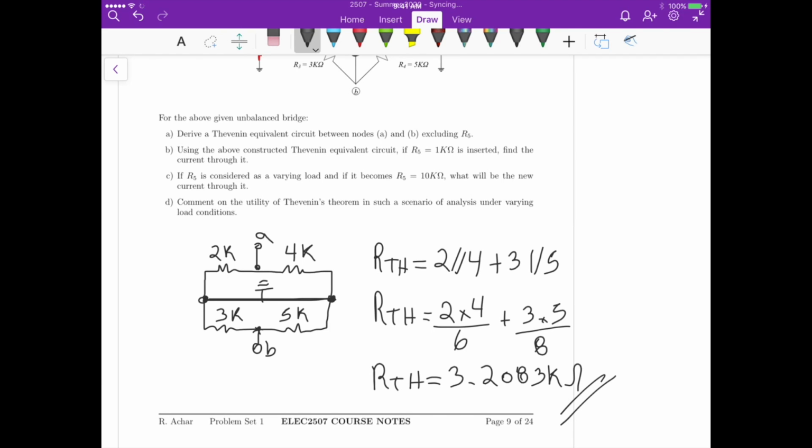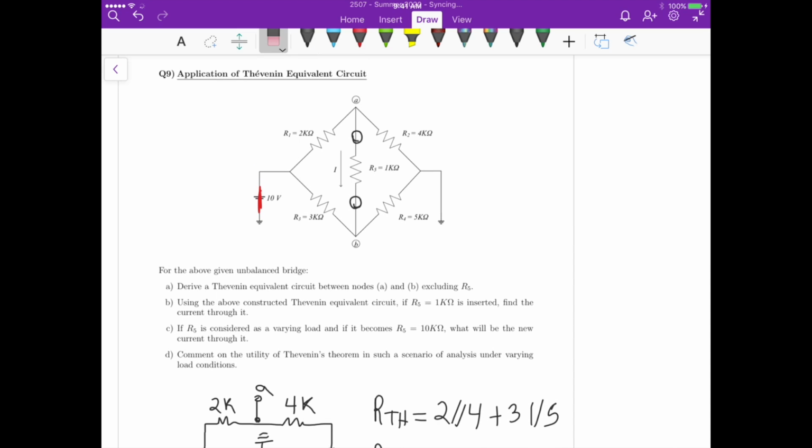Now, for the Thevenin voltage, we have to insert the voltage source back in the circuit, right? And then we need to calculate the voltage across node A and node B, right?